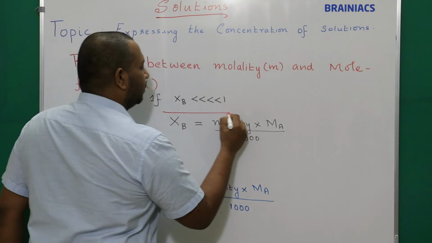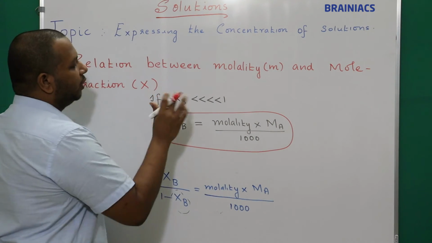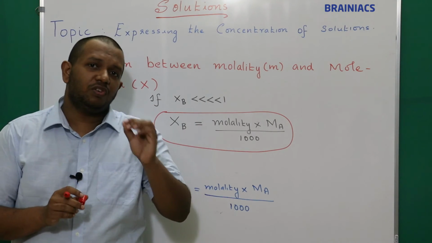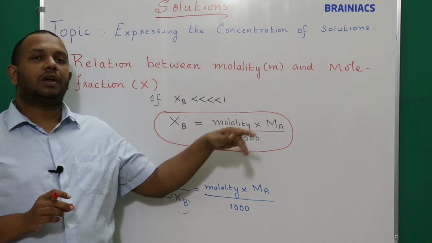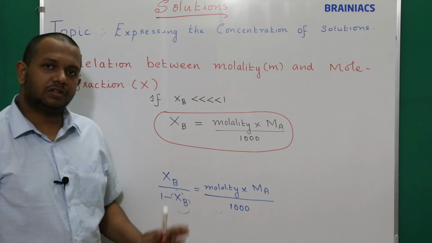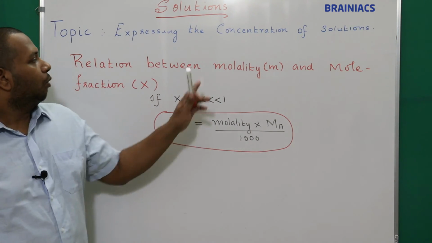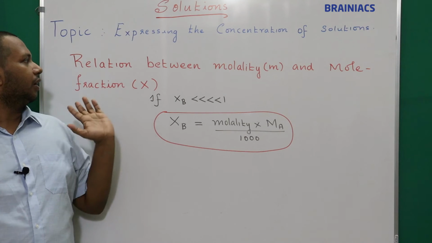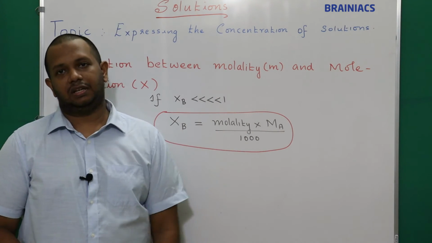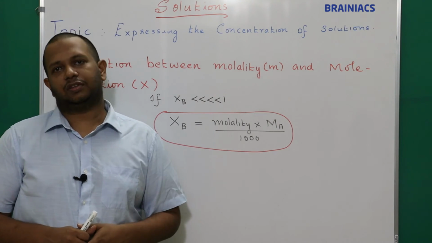This condition is applied if the solution is very dilute, that means the mole fraction of the solute is very small. Otherwise you can use the first fundamental equation. I hope you understood this fundamental concept of deriving the relation between molality and mole fraction. Next we will go to the next topic.